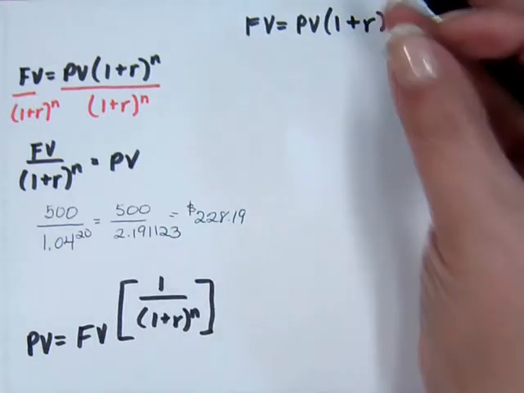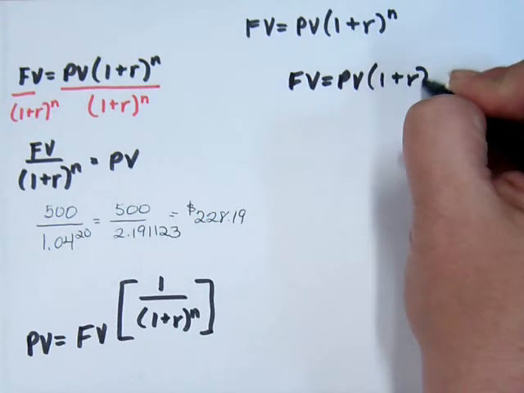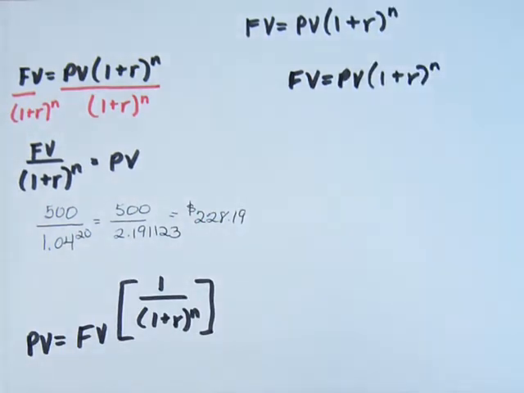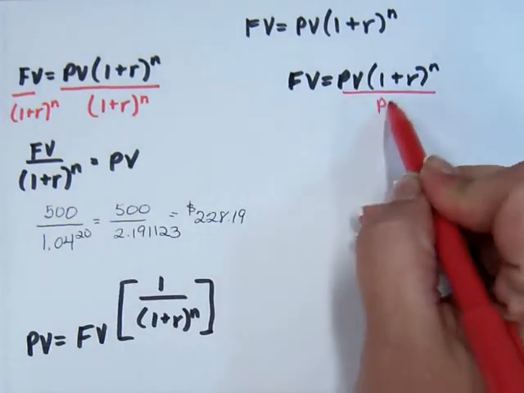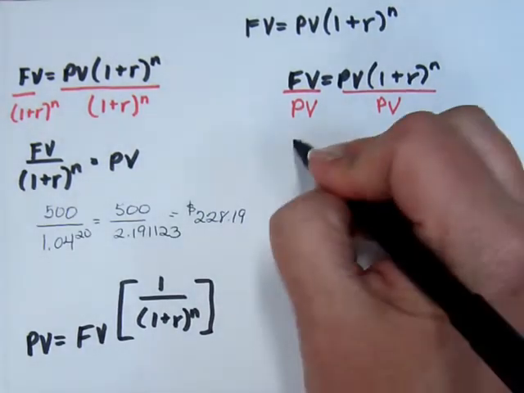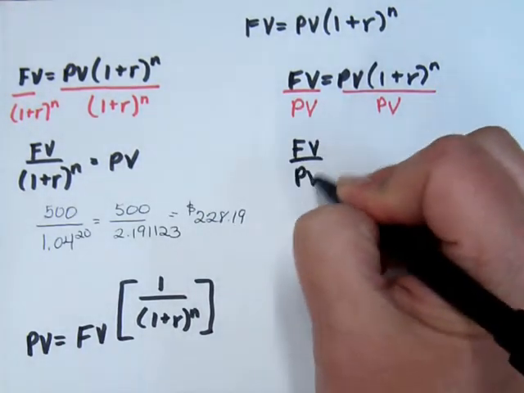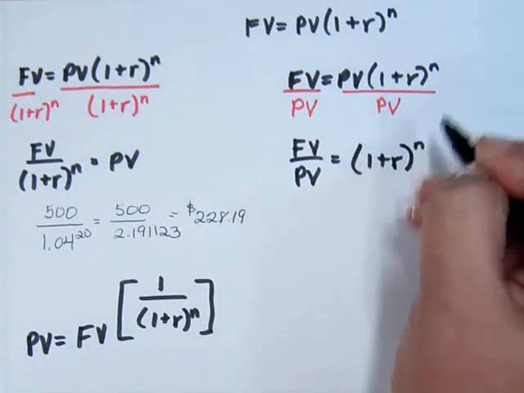So let's get the PV out of the way. We're going to divide both sides by PV. And that's going to leave us with future value divided by present value equals 1 plus r raised to the nth.